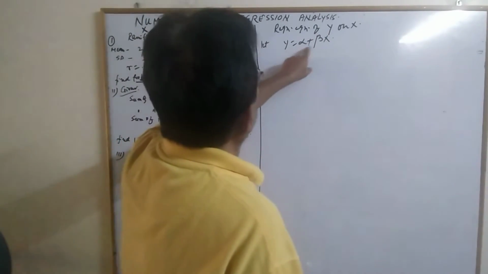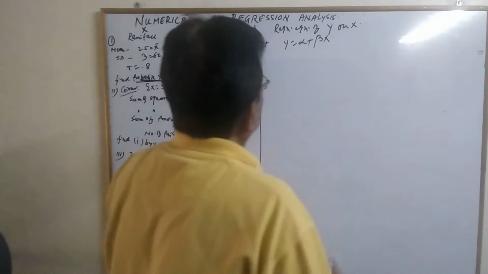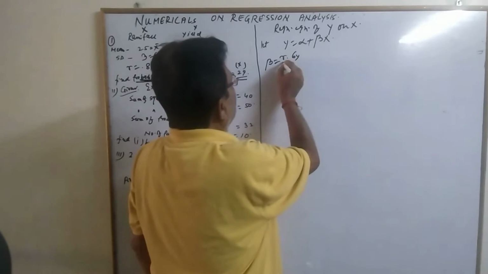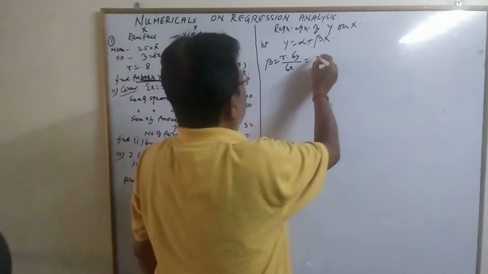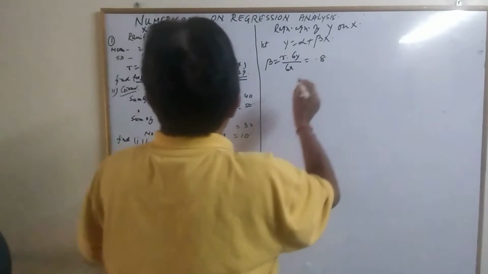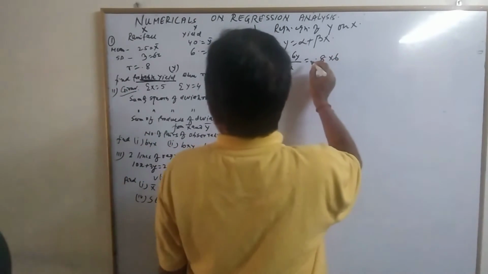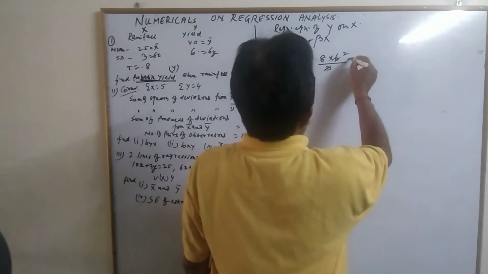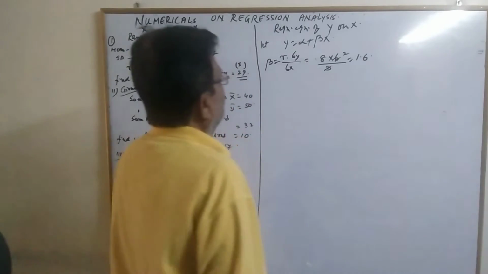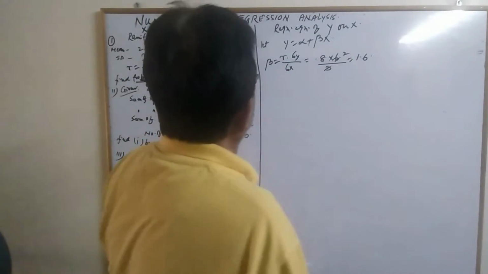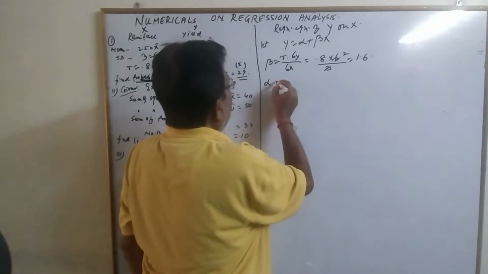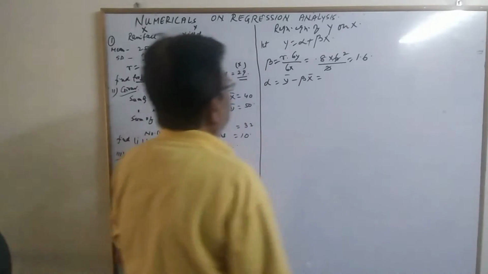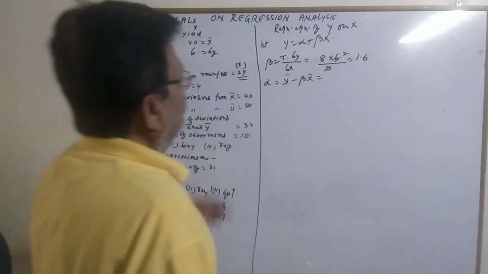So we have to estimate alpha and beta through the correlation formula, and if we remember, beta was r into sigma y by sigma x. R is 0.8, sigma y is 6, and sigma x is 3. So this is 1.6. Beta, the slope, has come out to be 1.6. Now we have to calculate alpha, and alpha is y bar minus beta x bar. Everything is given. Y bar is 40.